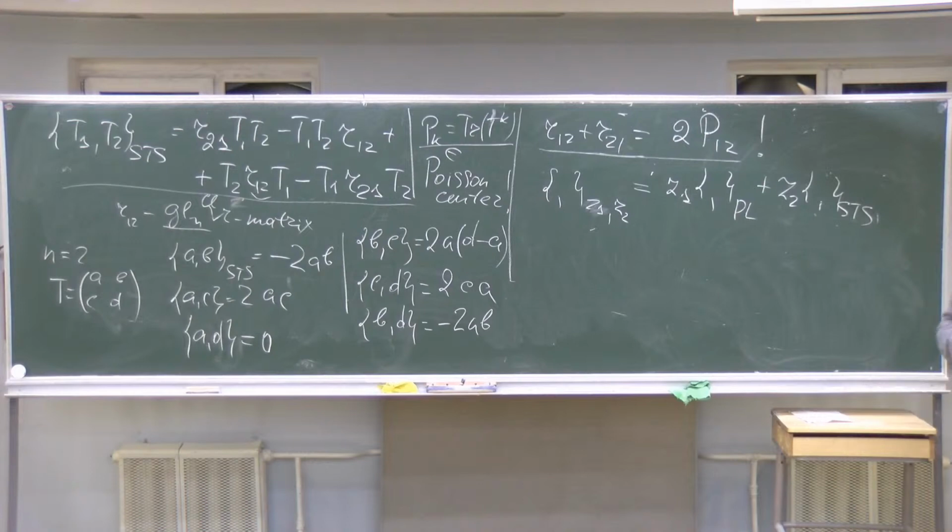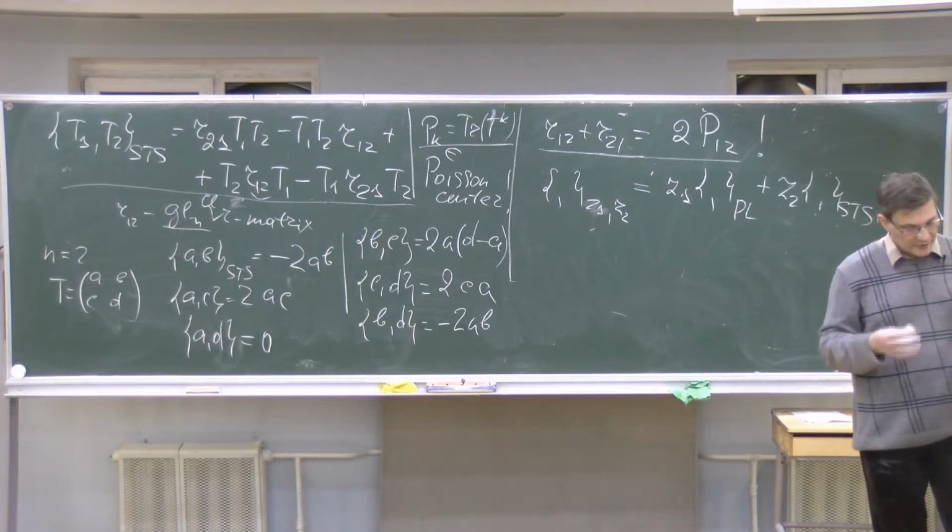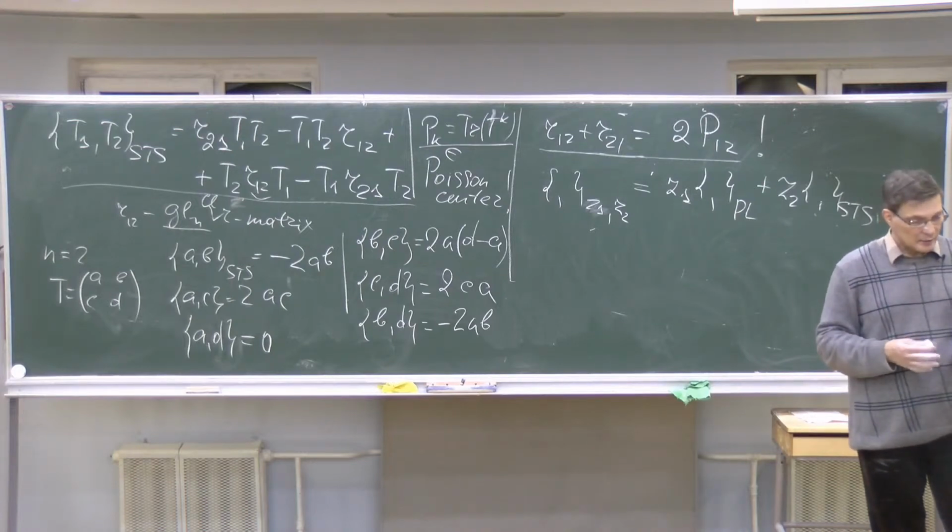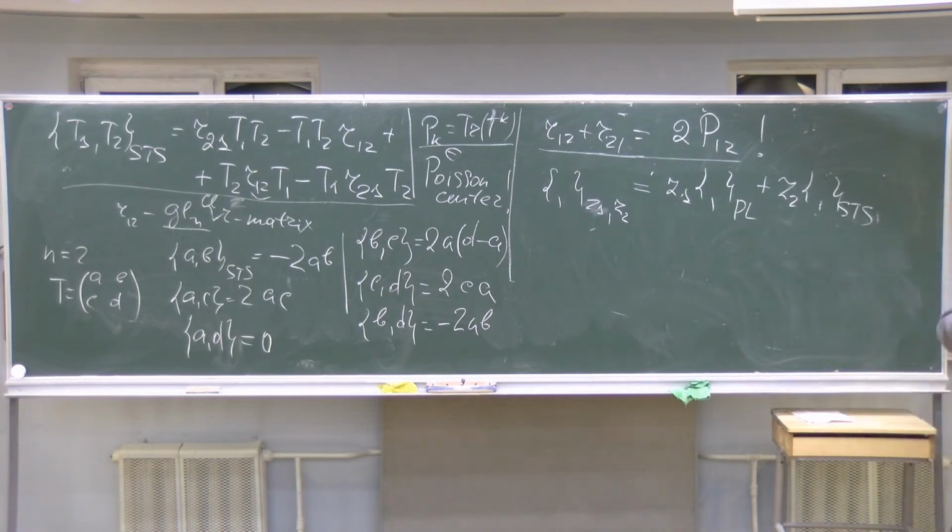But for the Drinfeld-Jimbo R-matrices, because it is a flat deformation of, for example, the universal enveloping algebra, it's very plausible that the center is the same as for the universal enveloping algebra, not bigger.